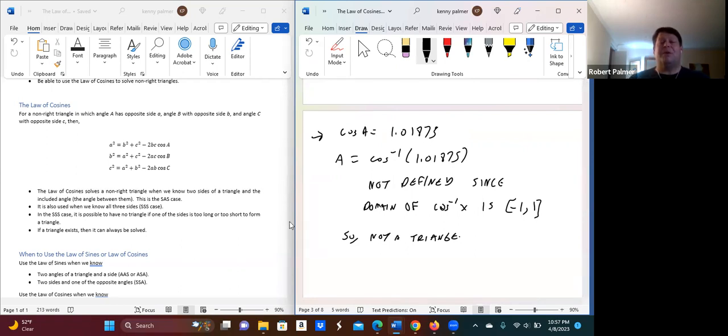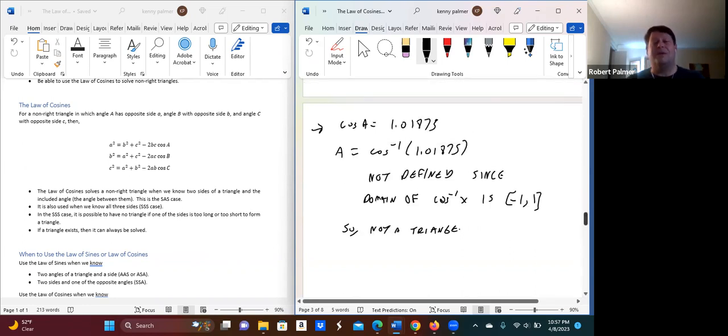Because if someone simply gives you some numbers and says these are all the sides of a triangle, or some combination of sides and angles, it isn't necessarily the case that you can make a triangle from those things. That just depends on if they all work together. And this is a good thing about the math: it helps you know whether that's possible or not. In this case, it's not a triangle.